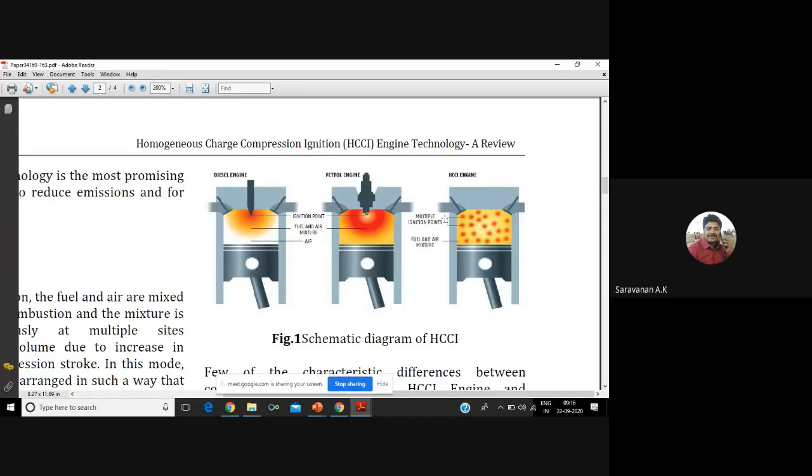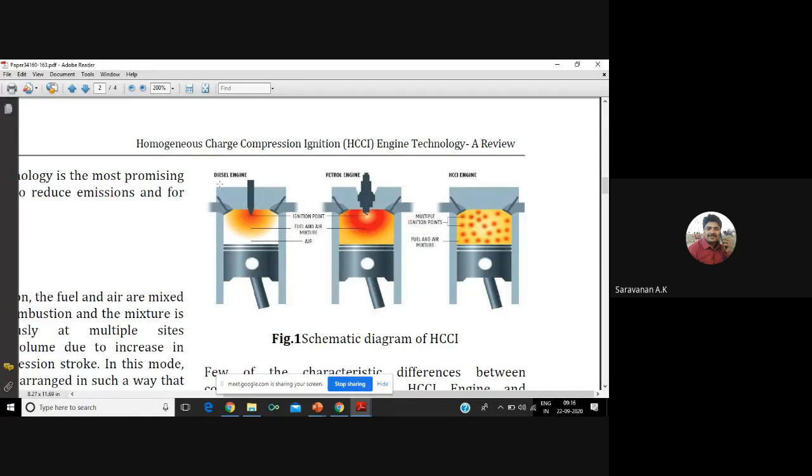So in HCCI engines, this type of technology we are using. We have to split the air fuel mixture into multiple point ignition. Then in the next class we can see how the multiple points will be generated from the air fuel mixture. Here also we have to supply the air fuel mixture.